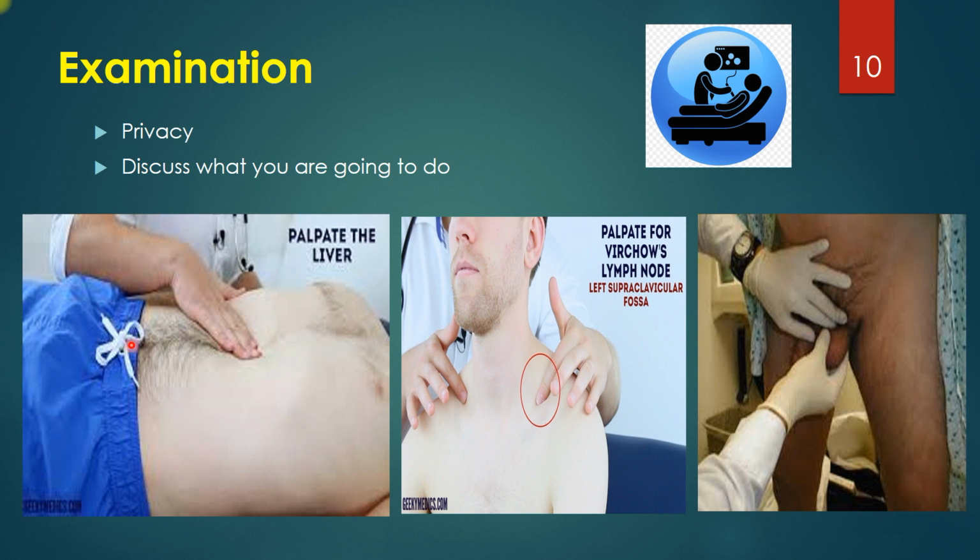Then abdominal examination. I remember I saw a patient who had a testicular tumor and they did a radical orchidectomy. After a while he escaped follow up. After 1 year he presented with abdominal mass.